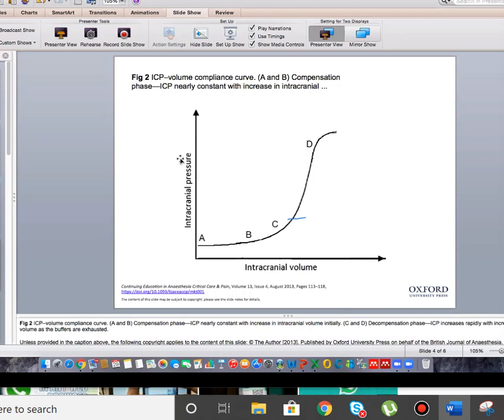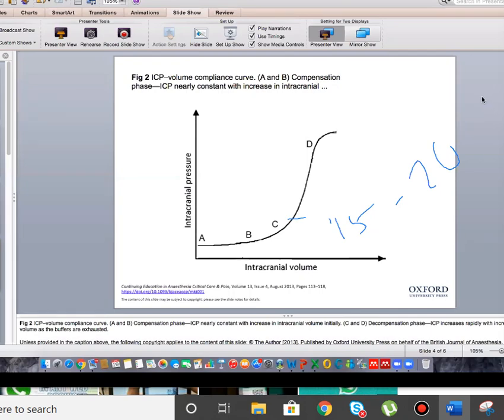And what's the importance of this? So I'll just describe it. Do you know the Monro-Kellie doctrine? Can anybody remember it?